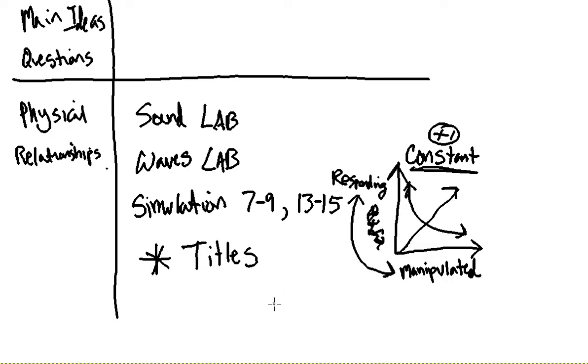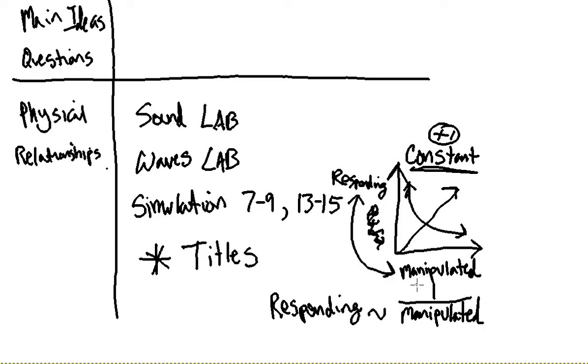But the way that your expression should always look is you start with your responding variable at the beginning, and then you tell me that it's proportional to your manipulated variable. Now it could be inversely proportional or directly proportional. It may be in the denominator with a 1 over it, it may not be. So that's for you to know based off of you studying this stuff.